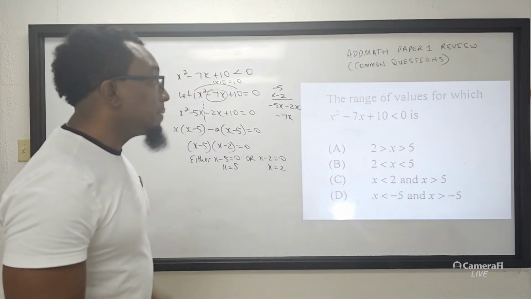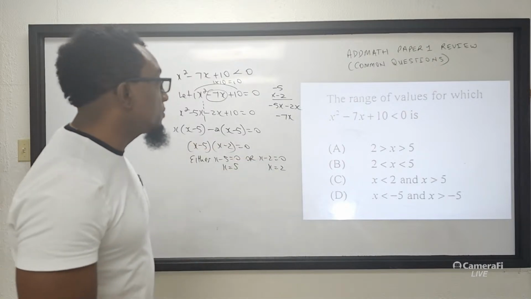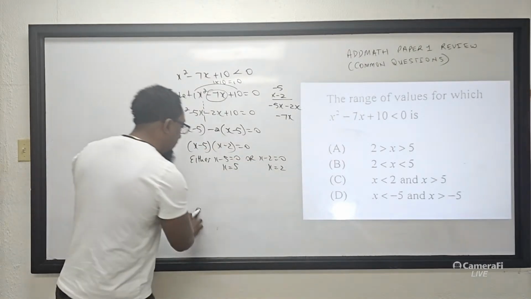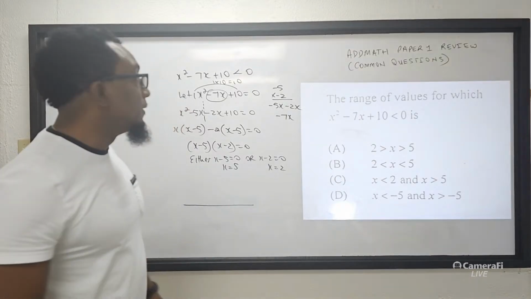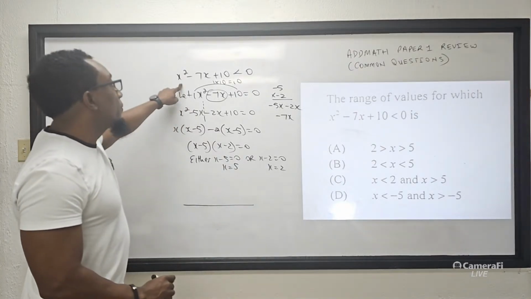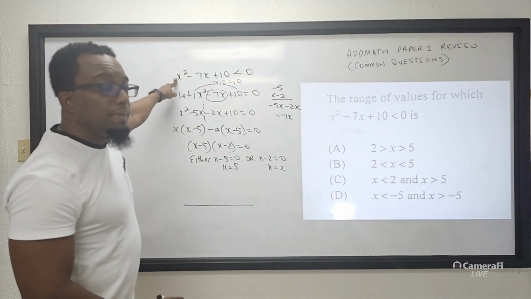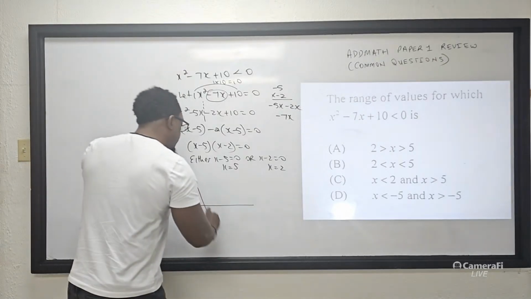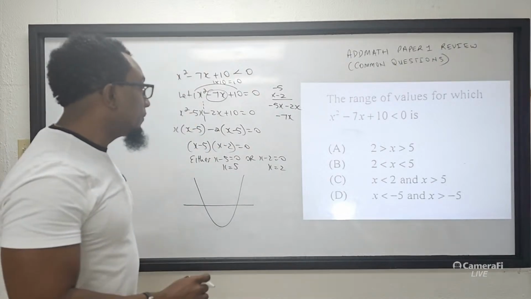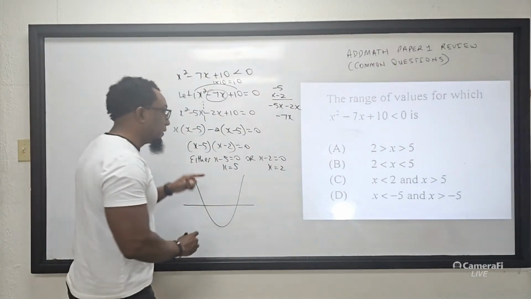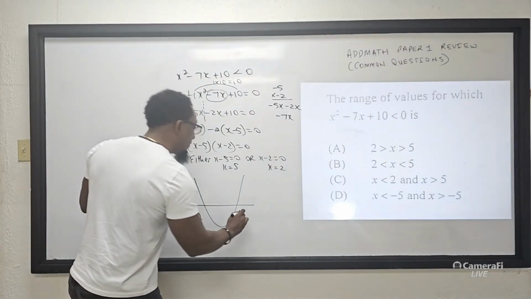But then to get my range of values as the option states, I have to now use my sketch to help me to find my range. So because the quadratic expression, the number in front of x squared is positive, I know when I sketch my curve, it's going to be one that's concave up. And the curve cuts the x-axis at my roots, which are 2 and 5.